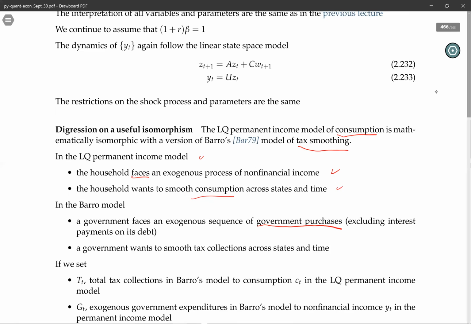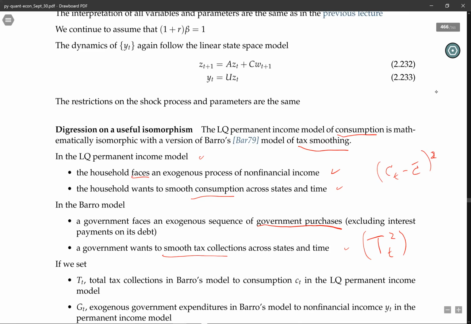What the government wants to do is smooth taxes over time, because Barro's insight is that taxes are distorting and you can minimize those distortions by having taxes be smooth. So Barro wants to minimize T_t squared, whereas Friedman wanted to minimize (C_t minus C bar) squared.